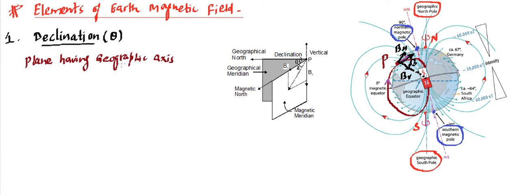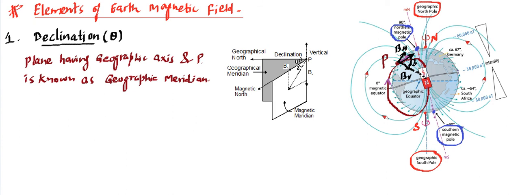So from one line and one point, we can draw one plane. That plane is known as the geographic meridian. So one plane we are considering, that's called the geographic meridian.